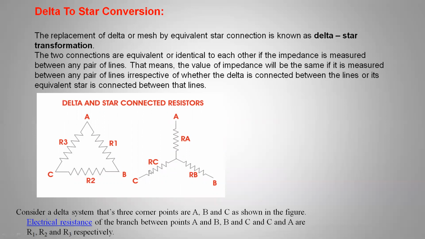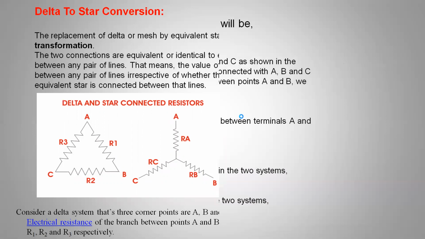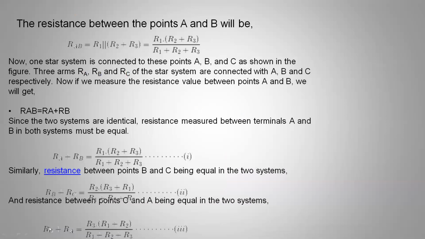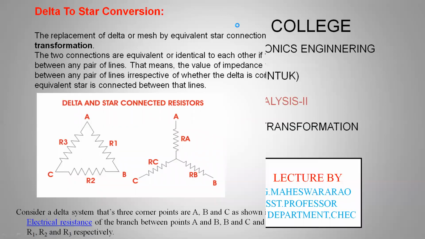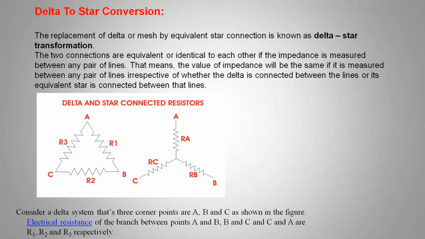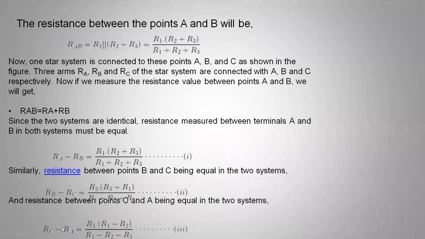In the star connection between C and A, it is RC plus RA. In the delta connection, R3 into R1 plus R2 by R1 plus R2 plus R3.